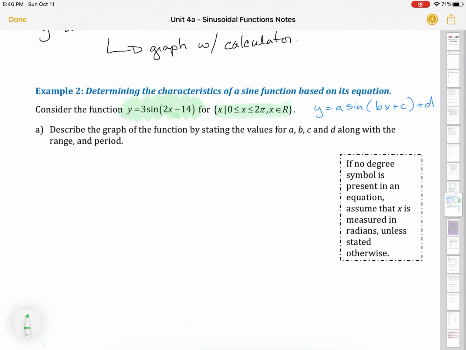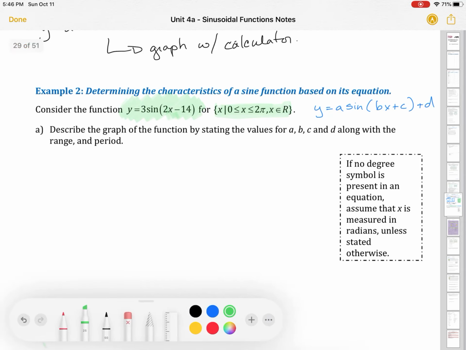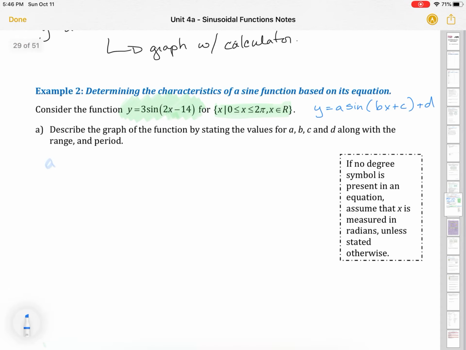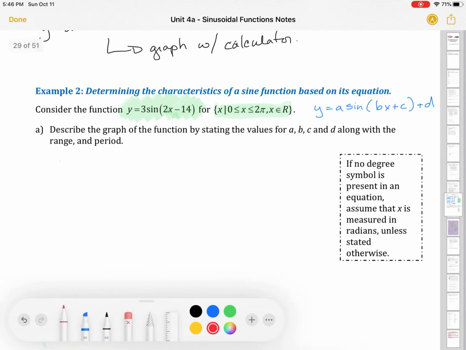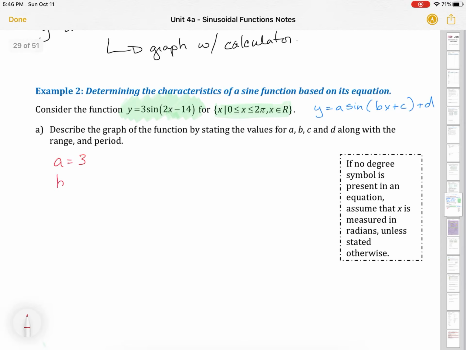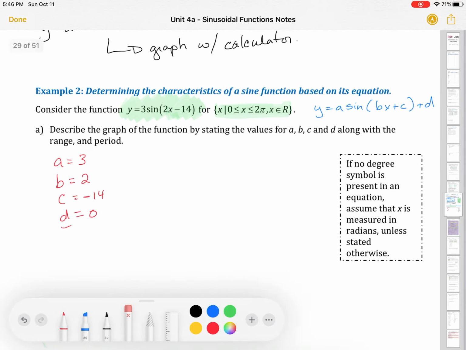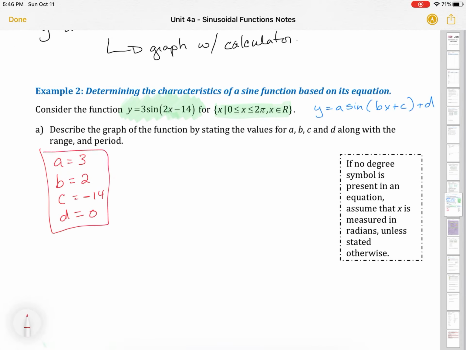We're given our domain in radians, so we're going to take that into consideration. So let's find our values for a, b, c, and d from this equation. A is right there, is it not? A equals 3, b equals 2, c equals -14, and d equals 0. Okay, so that's our mining our information to start.